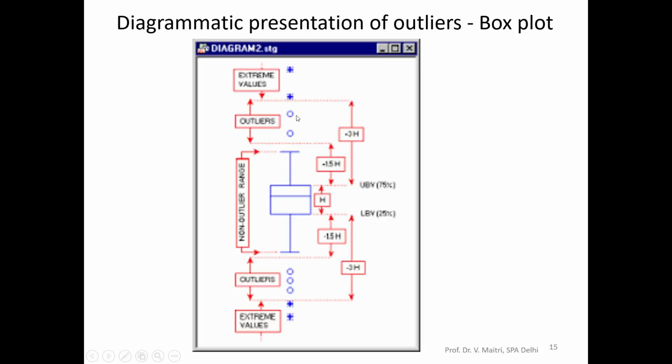So these are the outliers, but the values which lie above this and below this are known as extreme values. So mind it, any value which is lower than Q1 minus 3 times IQR, and any value which is more than Q3 plus 3 times IQR is an extreme value.